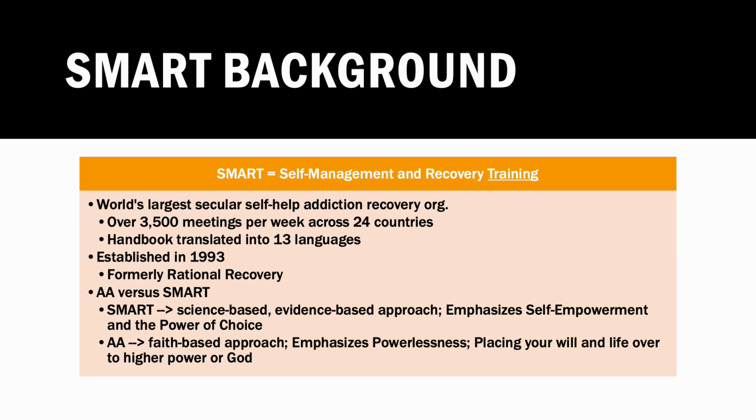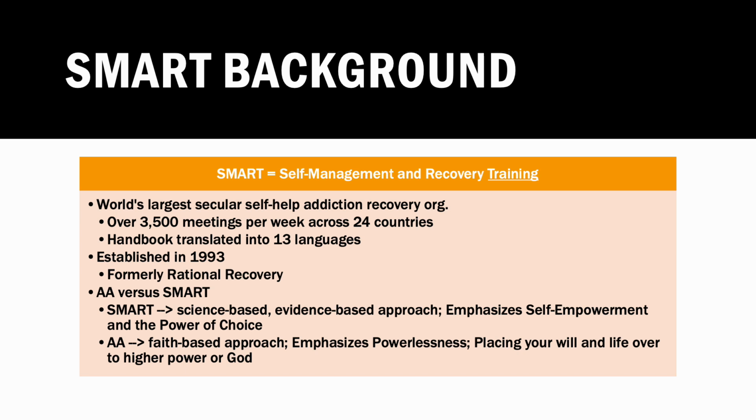SMART was established in 1993, and it came out of an organization known as Rational Recovery, which began about 10 years prior. A lot of people ask, what's the difference between AA and SMART? Okay, well, the two organizations are similar in that both are nonprofit 501(c) organizations that rely largely on volunteers and donations. In addition, both organizations can be said to be self-help organizations whose mission is to help others recover from addictions.